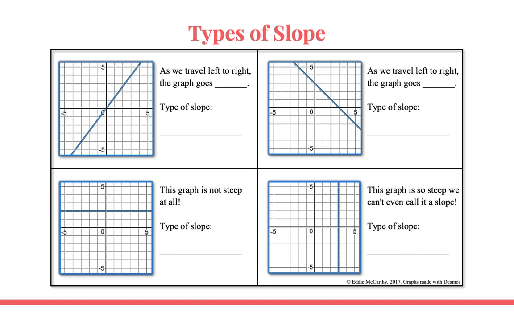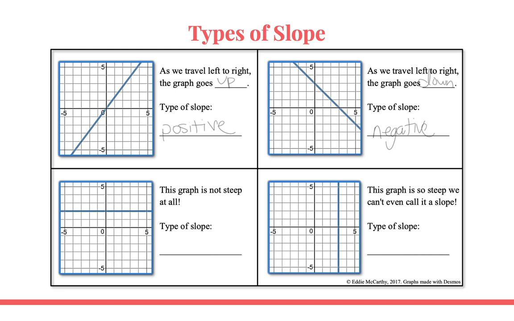So in this case, this is a positive slope because it goes up and to the right. The opposite happens when, as we go left to right, the graph goes down. Notice how I'm talking in terms of right. That's important here. This is a negative slope if it goes down and to the right.